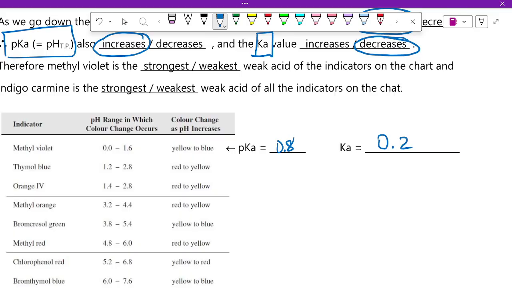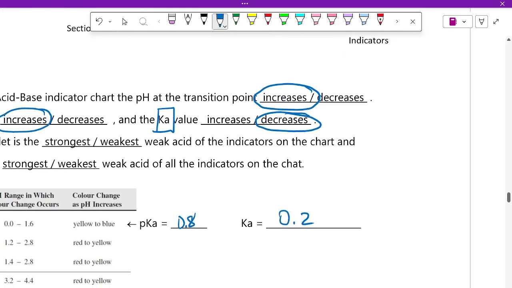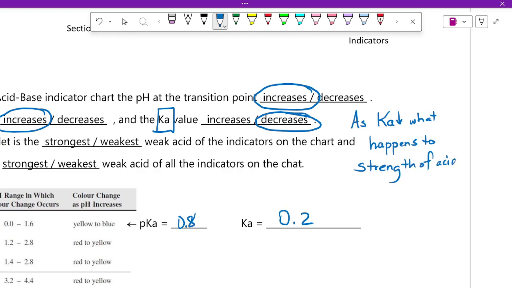Oh, I guess we should actually say that. As Ka decreases, what happens to the strength of the acid? Wait, no, actually, increase. How is it decrease?